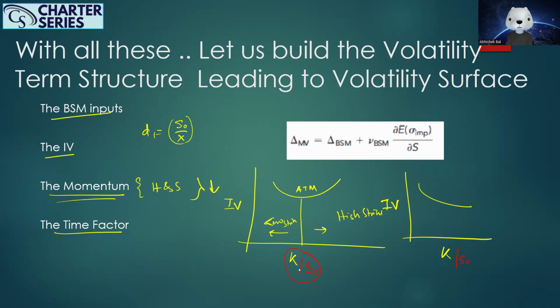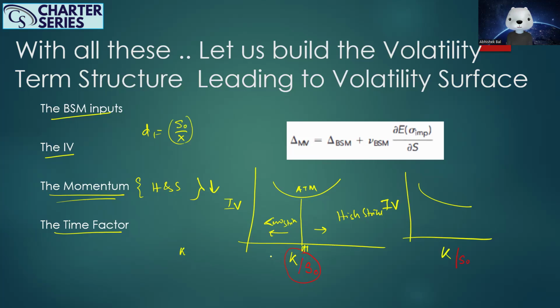Now, in this scaled manner, how do we define this low strike price and high strike price here? Well, we could do it in a few ways. First and foremost, since the graph talks about the strike price, we can think of S0 remaining constant. S0 is basically your ATM, right?